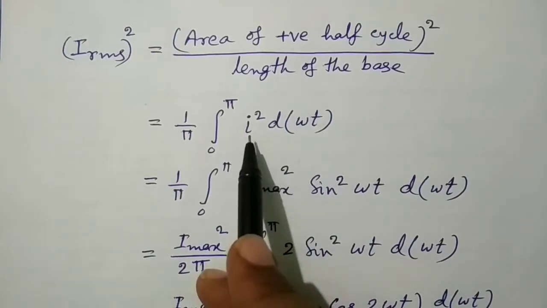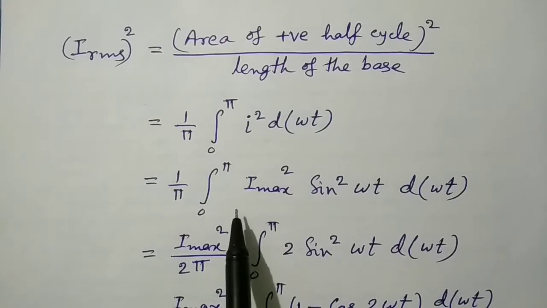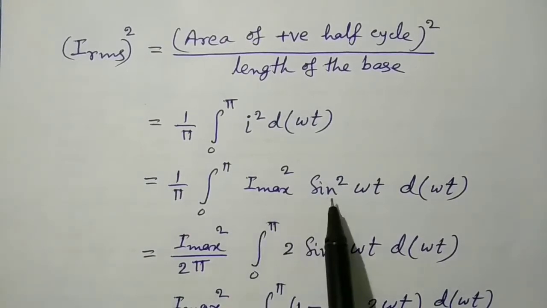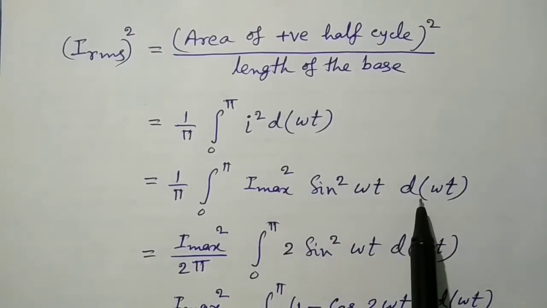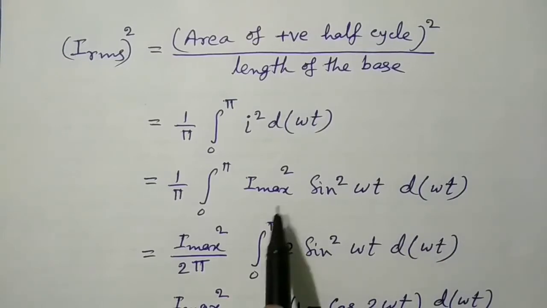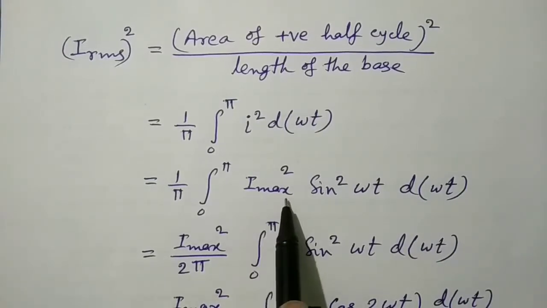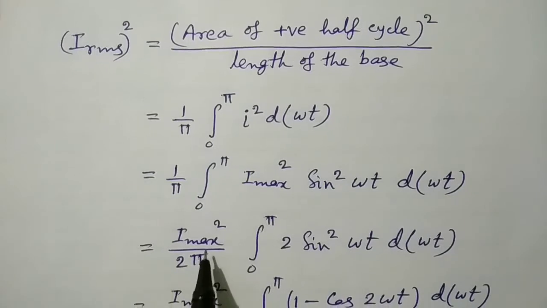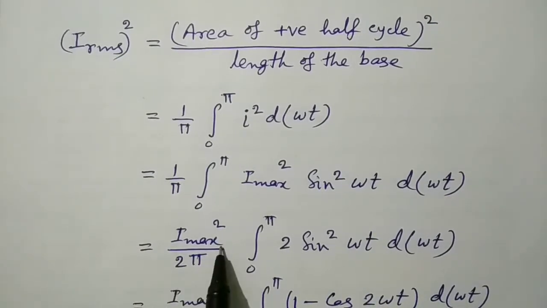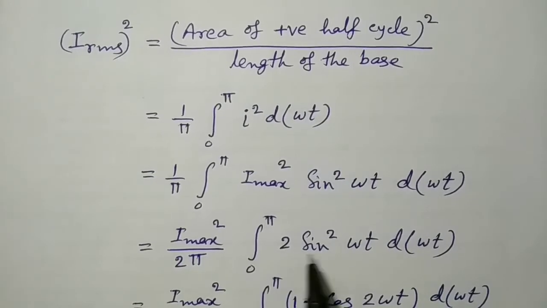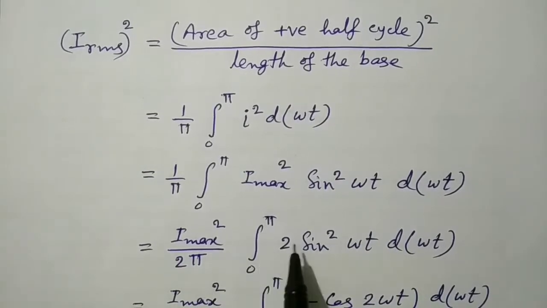Now put the value of I, so it will be I max square sine square omega t d omega t. As the value of I max square is constant, we have taken it out, I max square upon 2 pi integration 0 to pi 2 sine square omega t. Here I multiply the value by 2 and here I divide it by 2. So the 2 will be cancelled. So we can write in this way.